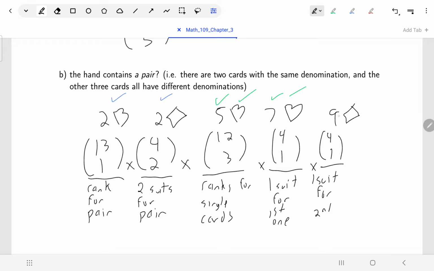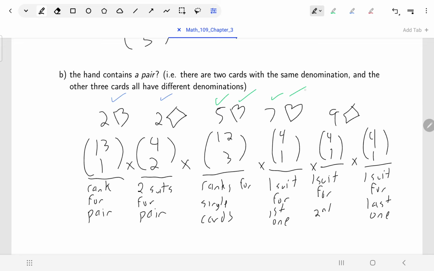Great. I know the last card is going to be a 9. I don't know what kind of 9 it is. So again, I need to choose a suit. So just to summarize, we decided which rank was going to be the pair, then we chose suits for the pair.